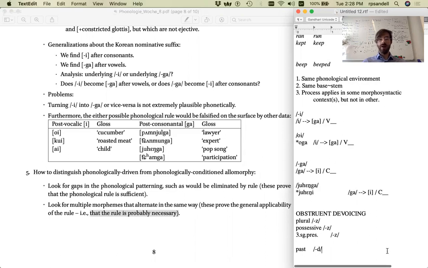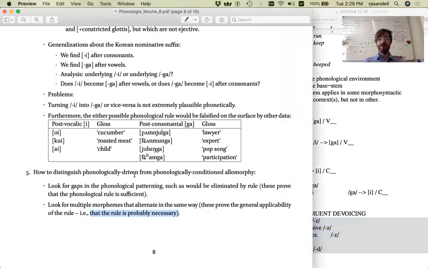This rule, obstruent devoicing, generates allomorphs s in these cases, and generates an allomorph t with a voiceless alveolar stop for the past tense suffix. So that shows that those allomorphs of these different morphemes are probably phonologically driven.